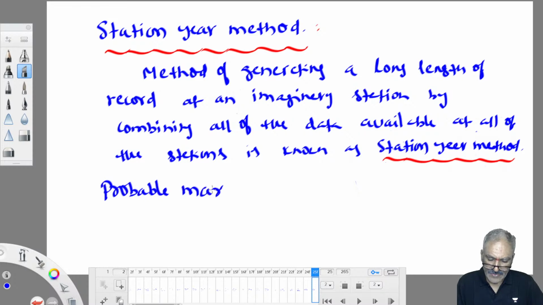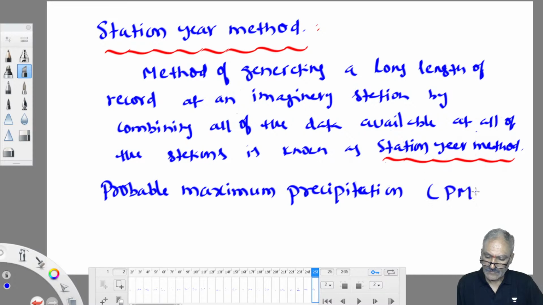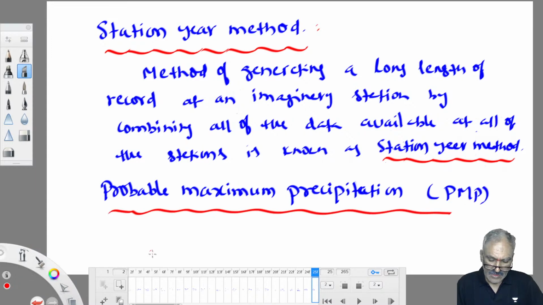It is PMP. It is extreme precipitation which is physically possible to occur.